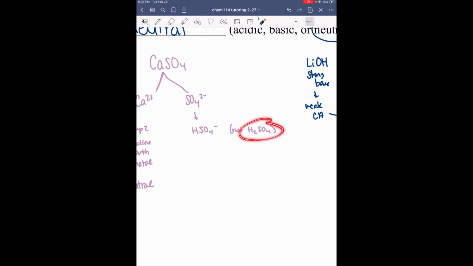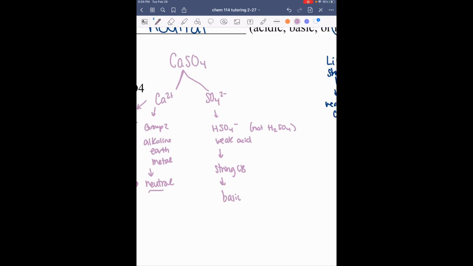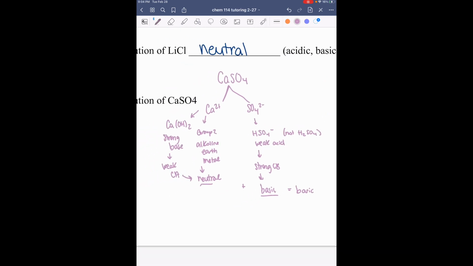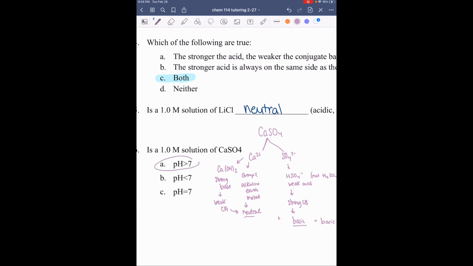And H2SO4 is a strong acid, but HSO4- is weak. So this is a weak acid, so we'd have a strong conjugate base. Strong conjugate base, that means basic. A neutral plus a basic equals basic. And basic has a pH greater than 7.